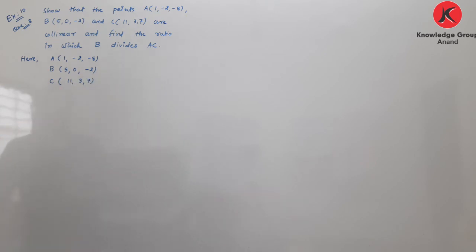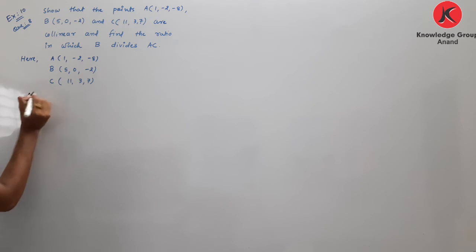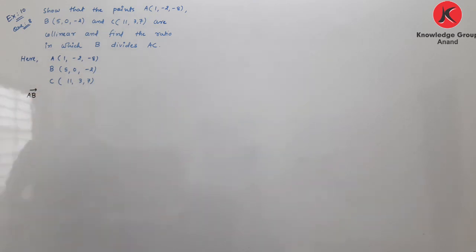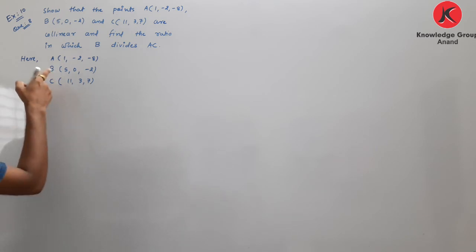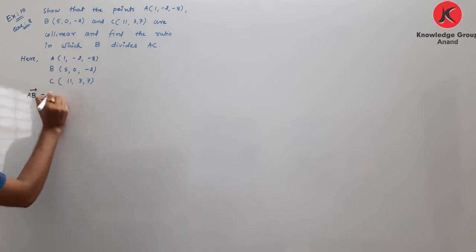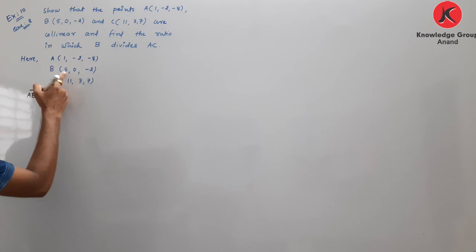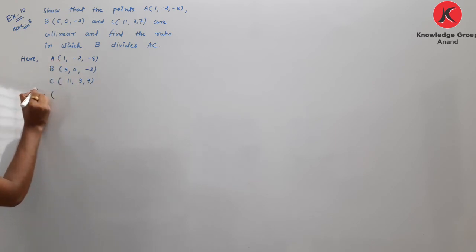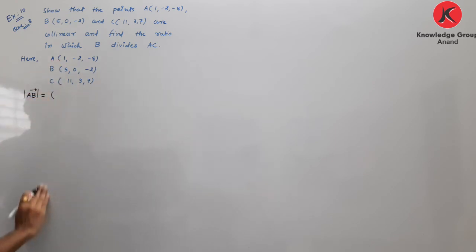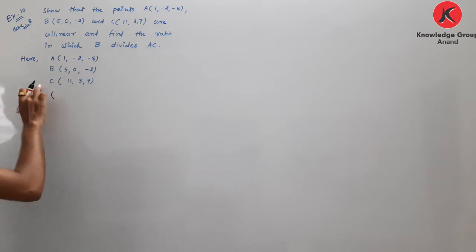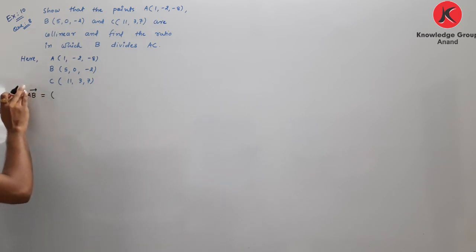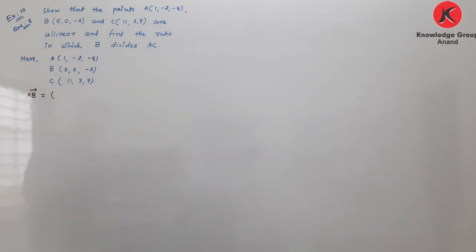Okay, now find the distance between A and B by use of vector AB. The vector AB equals B bar minus A bar. Therefore we can calculate 5 minus 1, or the magnitude of vector AB directly. You can calculate directly, or calculate the vector and then find its magnitude, both work.